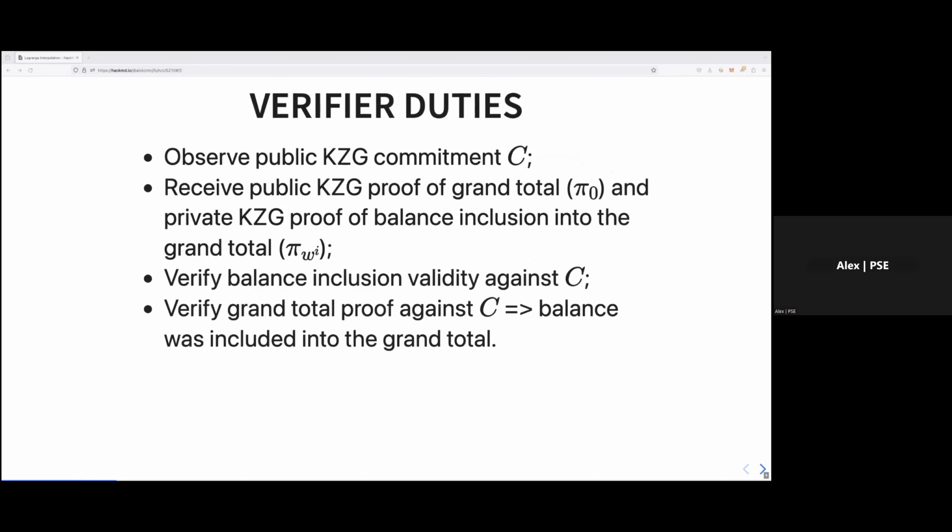On the verifier side, what the verifier should do to enable the protocol is first to observe the commitment that the prover has produced, because this is public.